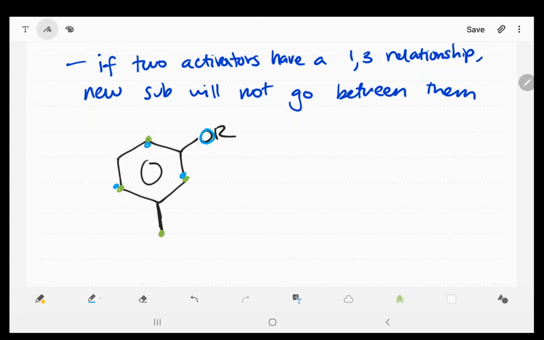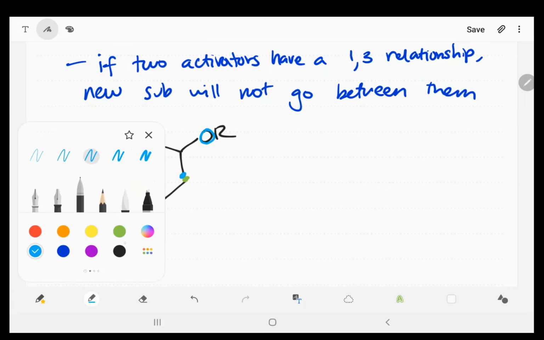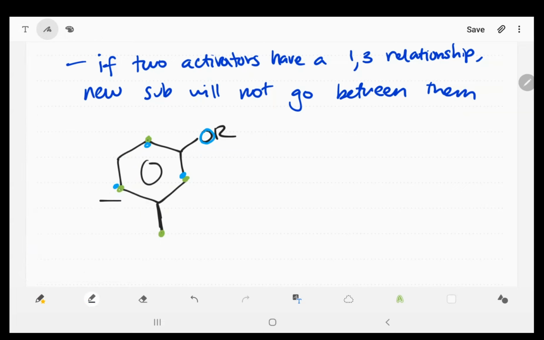I'm going to block off the para position here. Let's say we have Br, whatever. Br is a deactivator, we're not even going to compare it. Where are we going to put this?